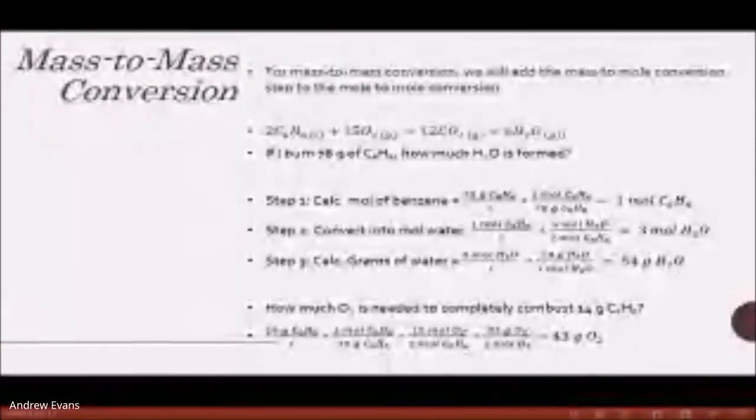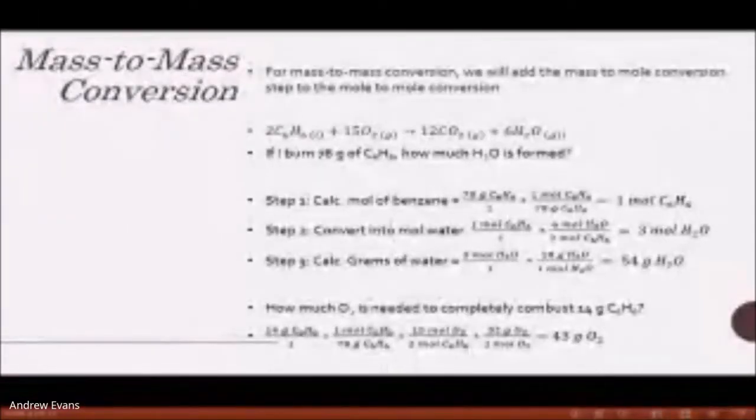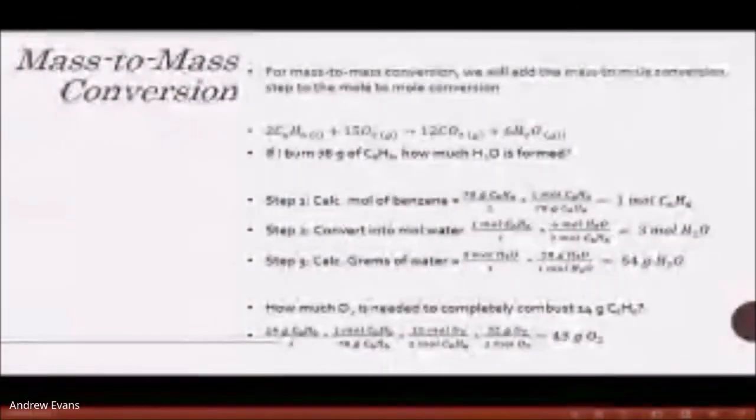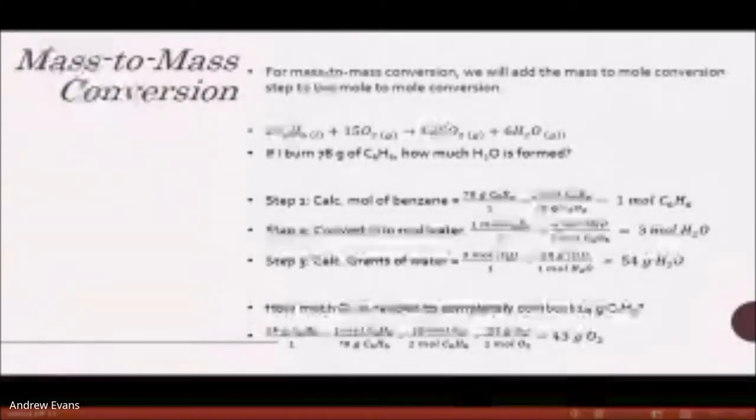The reasoning behind this is that the weight, essentially the atomic density of every compound is different. If I just looked at the weight of carbon monoxide, it is 12 plus 16 or 28. Carbon dioxide would be 12 plus 32 or 44.